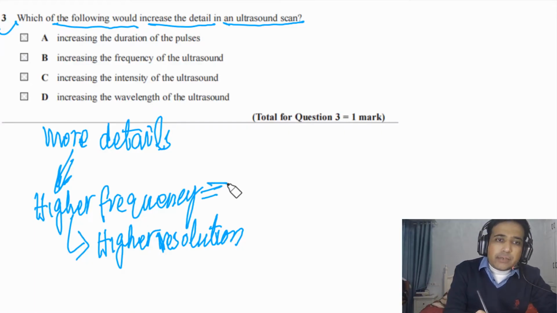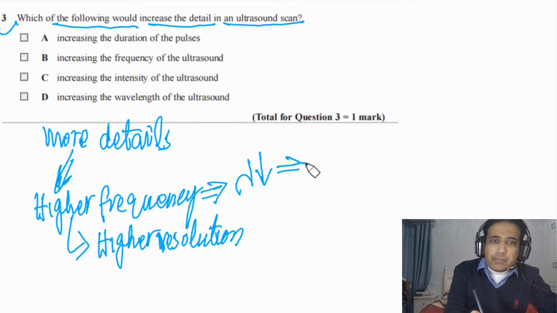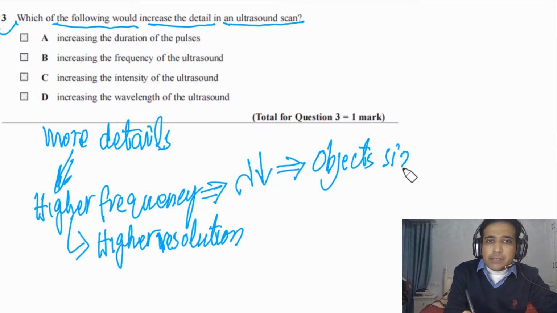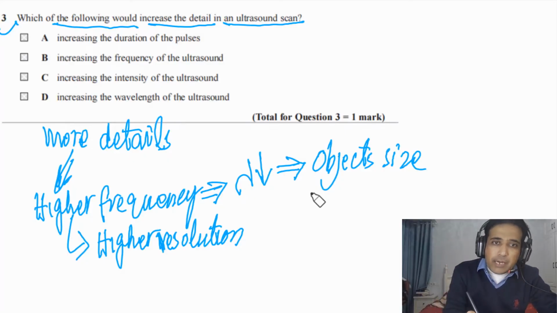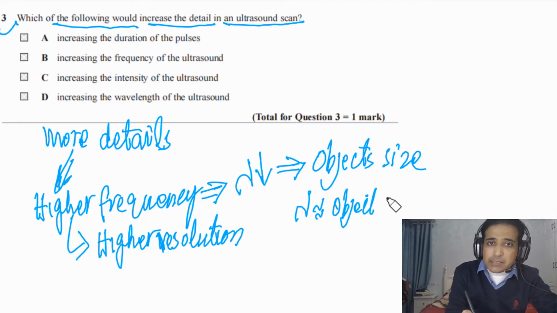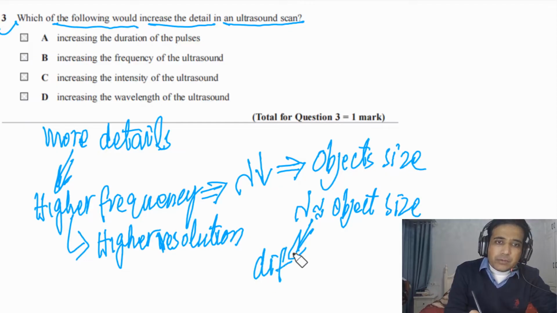Now the question is why we have to use the higher frequency. If the frequency is higher, lambda will be shorter, and if lambda is shorter, smaller objects in size can be seen. Because when lambda becomes equal to object size, significant diffraction takes place.